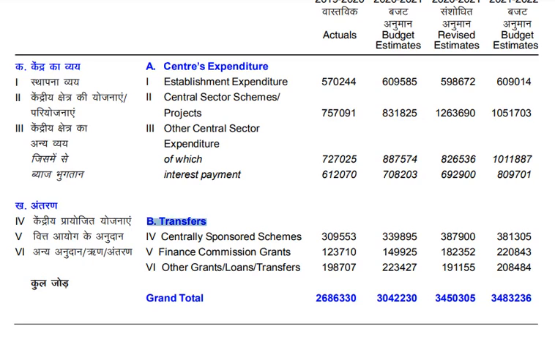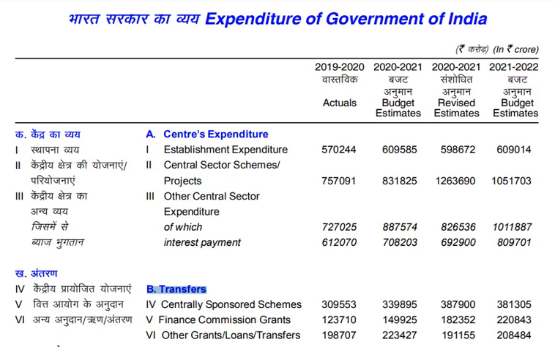We would look into all the things in detail. Established expenditure is related to administrative expenses. To run a government they need people, they have to pay salaries and office expenses. All those things come under established expenditure.